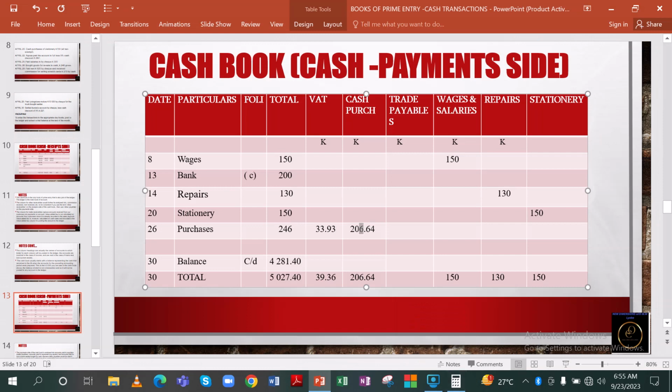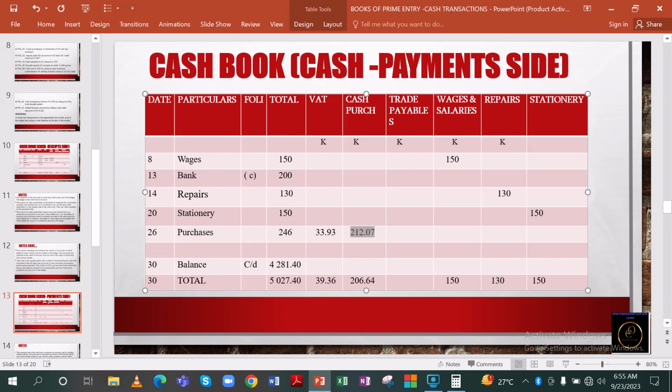So this one should be 212.07, and even this one should be 212.07.